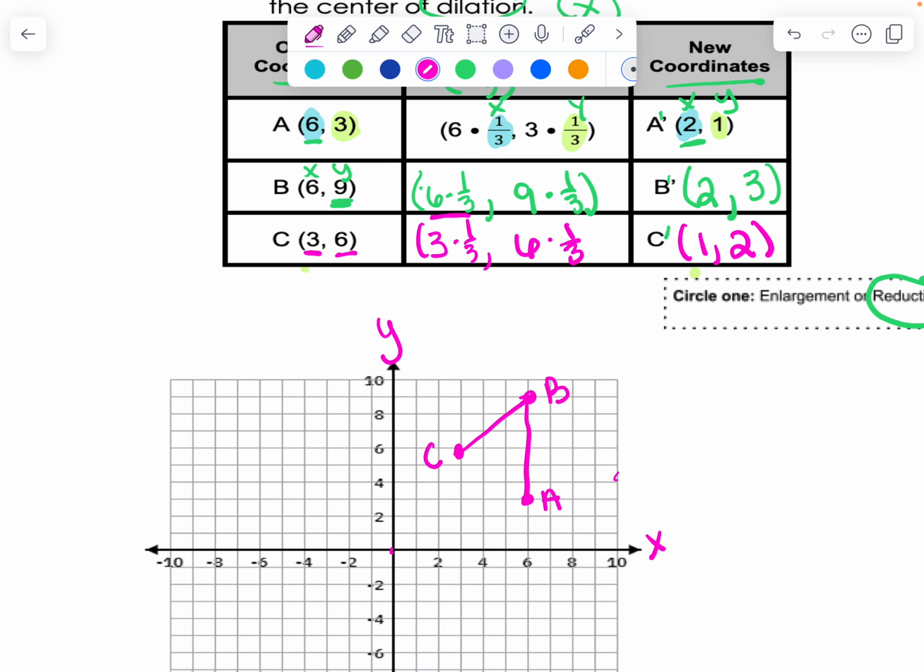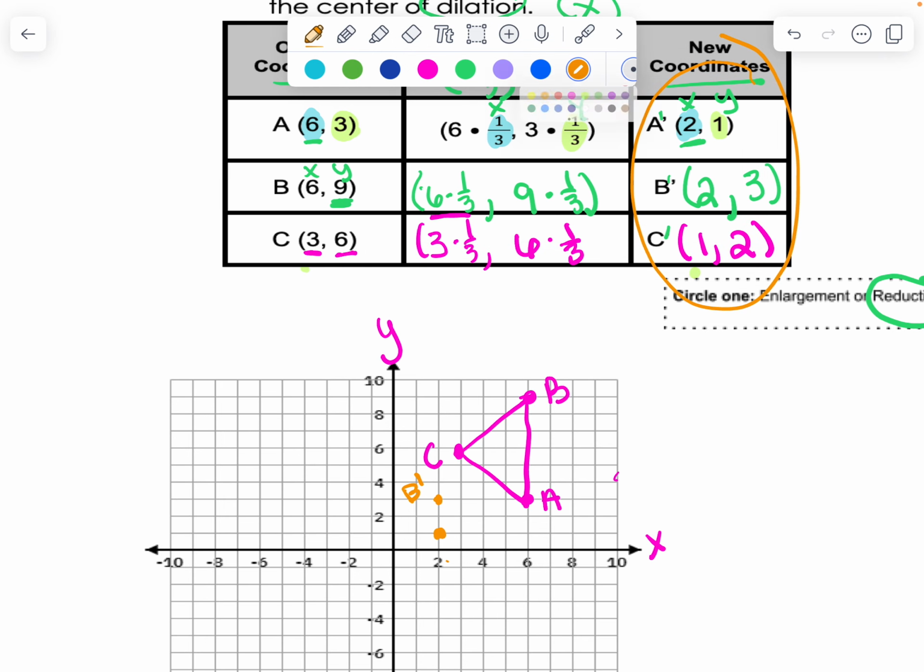So this is my original triangle. So now I'm going to do my new triangle, which is the new ordered pairs that I found. So A prime is 2, 1. So 2, 1, and I'm going to label that A prime. B prime is 2 and 3. So 2 and 3 is B prime. And C prime is 1 and 2. And I'm going to have to move that letter.